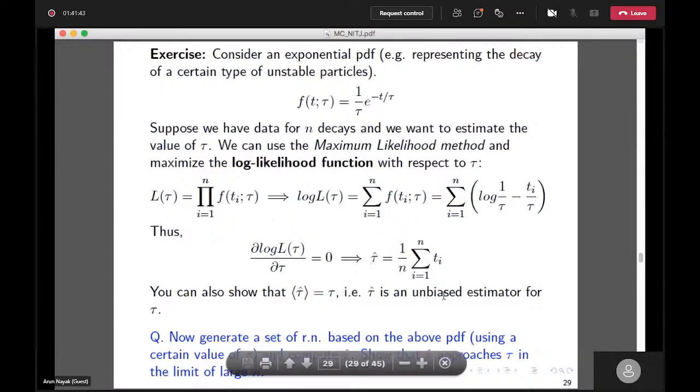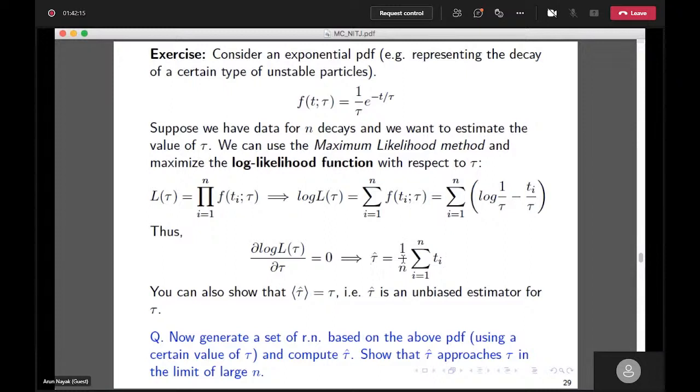So you generate a large number of random numbers from this PDF, and you assume some tau value, say 1 or whatever, and then you generate a large number of random numbers as if you are getting it from the data, and then you take the average of this.